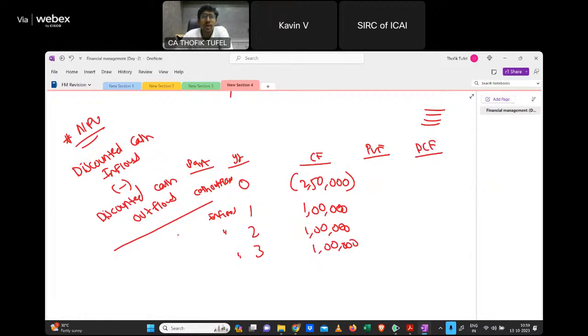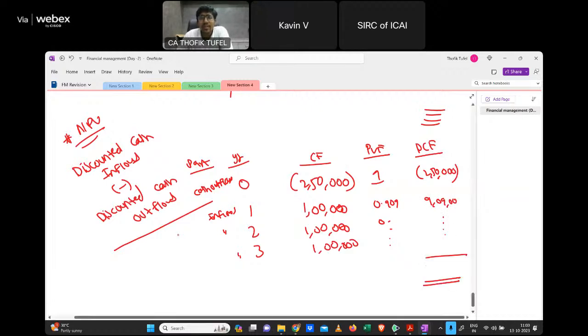So this is an outflow, and you already know that for year 0 present value factor will always be 1. And then suppose if it is 10%, 0.909, all this present value factor you have to write, multiply the cash flow with present value factor. Suppose this is 9,09,000. So all this you have to add, and then you will get the net present value.